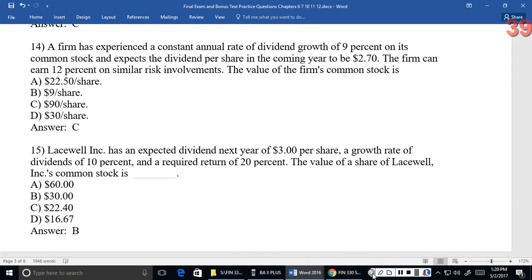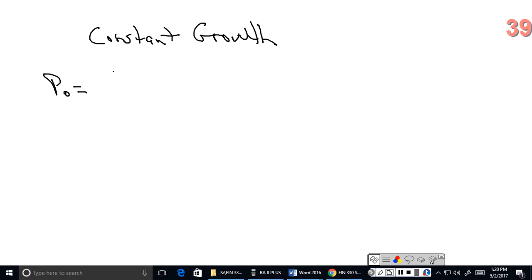And if I'm going to enter this information, this is a constant growth stock, and that was the price of the stock at time period 0. If you're given D0, you'll multiply that by 1 plus the growth rate, divided by the required return minus the growth rate.